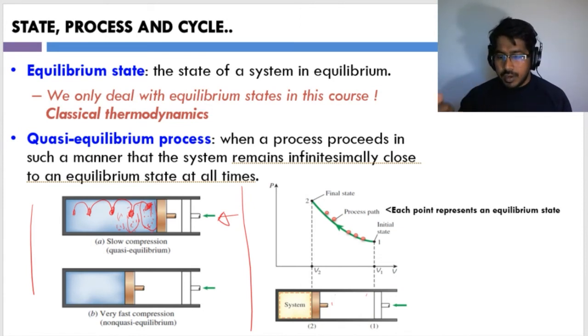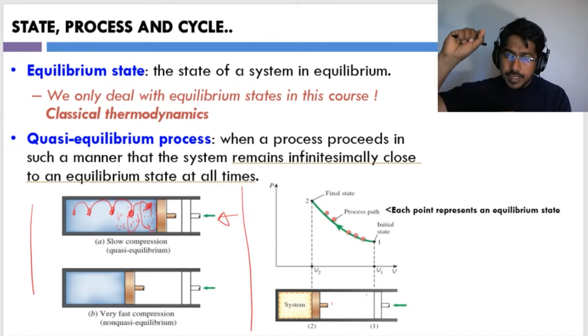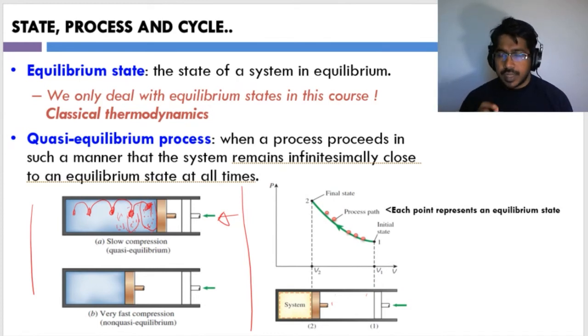So at each piston point we have multiple pressure values, temperature values, and so on inside the system, right? So if we allow it to enter the equilibrium state, then we can represent the entire system using one value for pressure, temperature, specific volume and other properties.